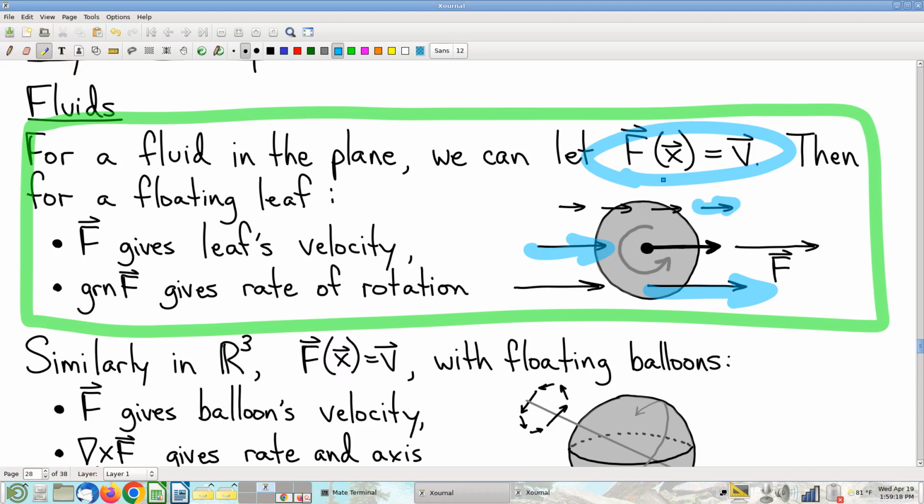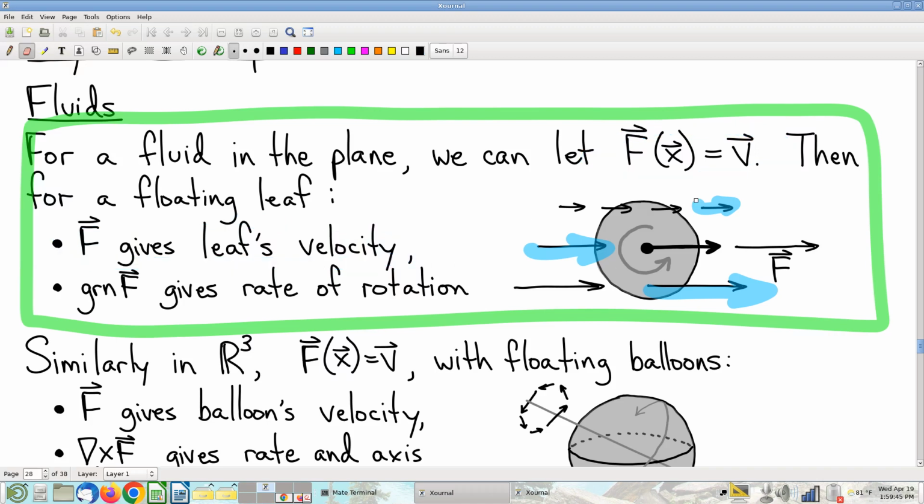And I like to think of this as being water flowing along in two dimensions. And as y'all know, I like to imagine a little leaf, and that leaf is, of course, flowing downstream with the water, right? The water is what's telling the leaf what to do, so whatever the water's velocity is, that's going to be the leaf's velocity also. So that part's easy. The vector field is the leaf's velocity.